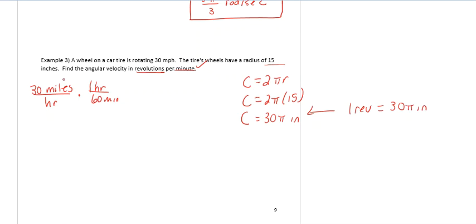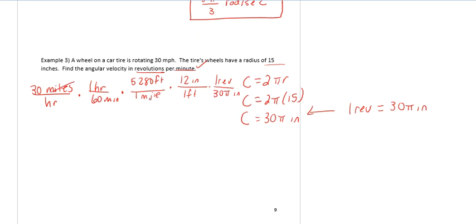Right now I have miles, so we have to get it to inches so I'll be able to get to revolutions. So 1 mile is 5,280 feet. No, you do not need to have that memorized. 1 foot is 12 inches. That one I do expect you to know. And then 1 revolution is going to be 30 pi inches.